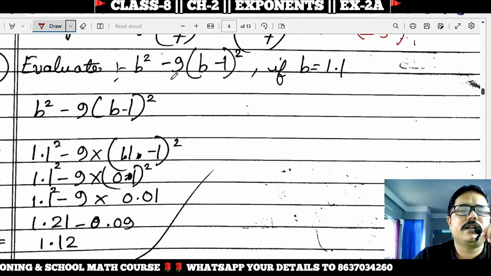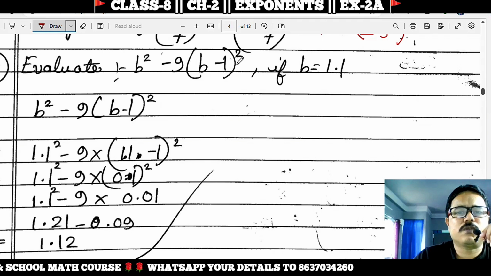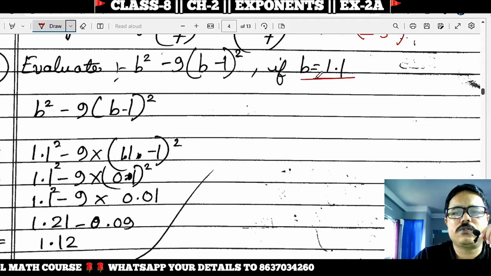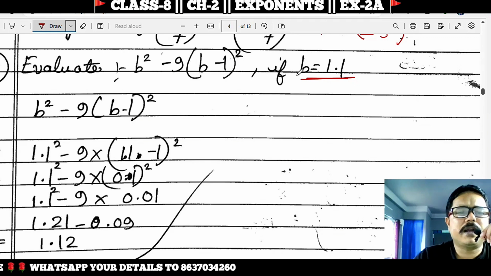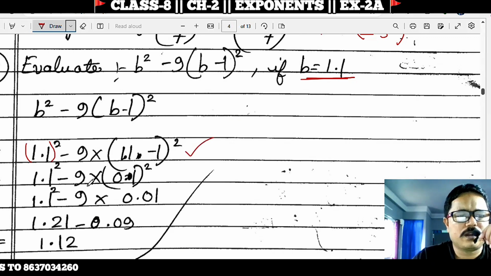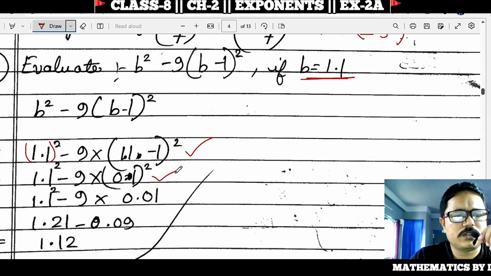Evaluate b square minus 9 in bracket b minus 1 whole square for b equal to 1.1. So simply we will replace b by 1.1. So this is 1.1 whole square minus 9 into 1.1 minus 1 and whole square, correct? So 1.1 whole square minus 9 into, if you subtract 1 from 1.1, it will be 0.1 whole square.